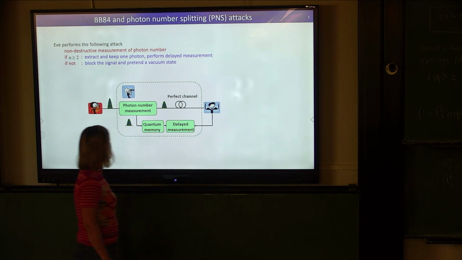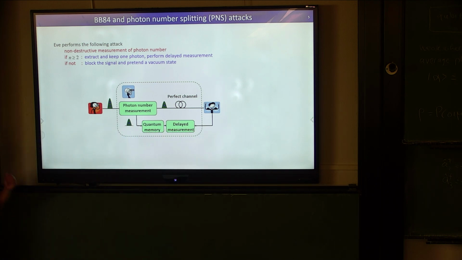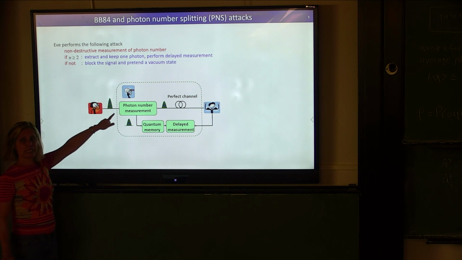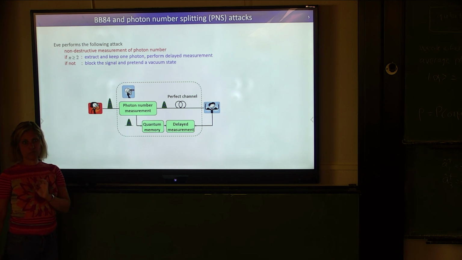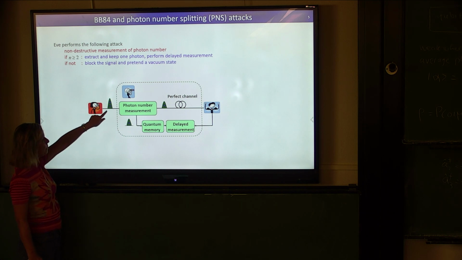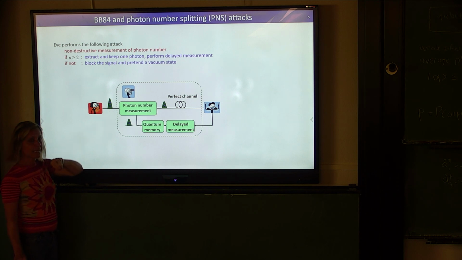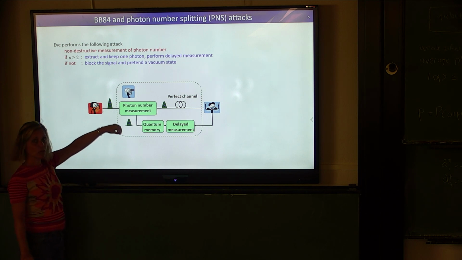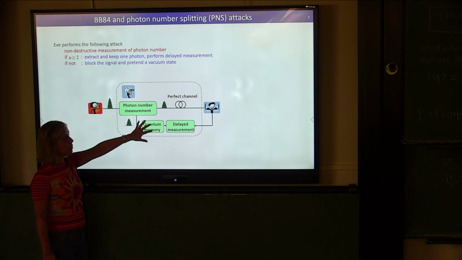And in that case, what can Eve do? She can perform a non-destructive photon number measurement, so she can pick the pulses that have more than one photon, the multi-photon pulses, extract one of the photons out of the pulse, and keep it in a quantum memory.